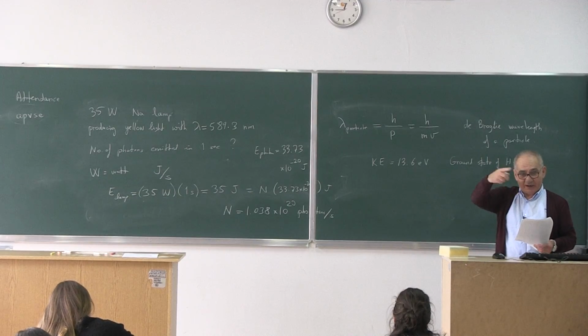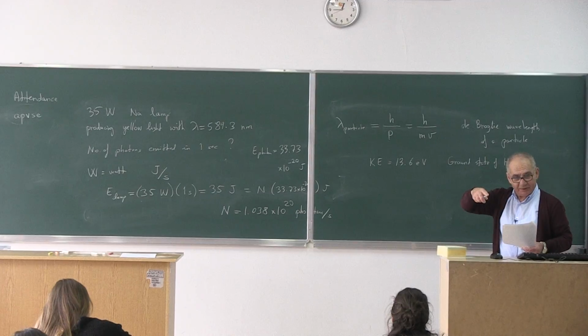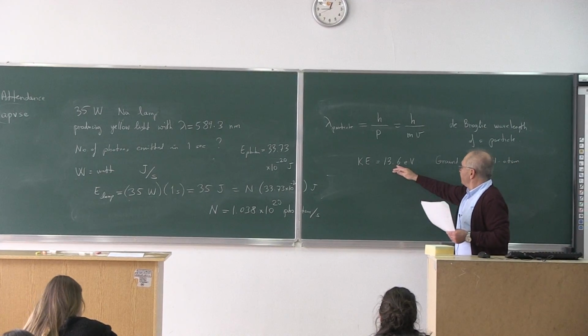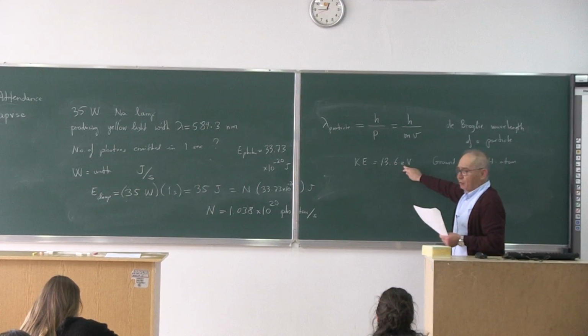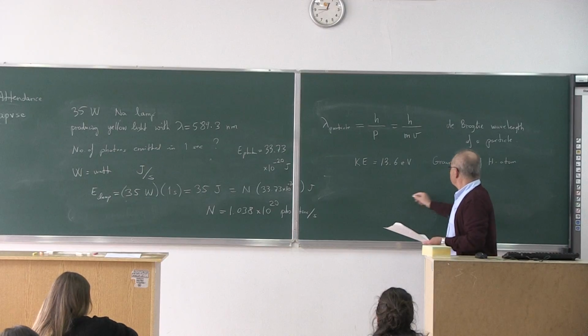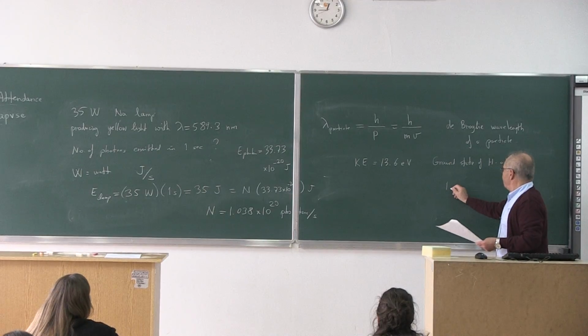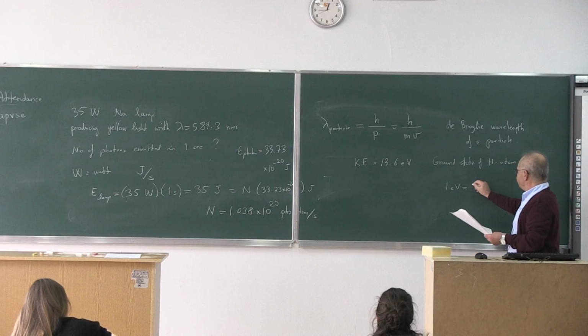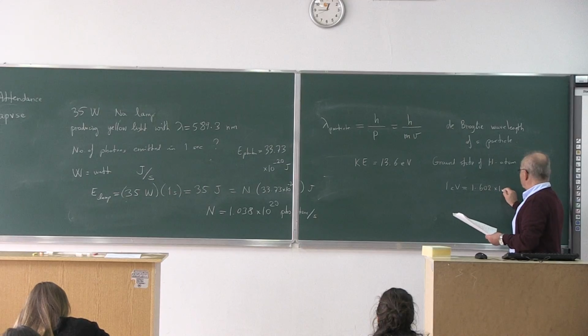Hydrogen has just one electron, as you know. So the average kinetic energy is this much. Electron volt unit, let us write here. 1 electron volt is 1.602 times 10 to the minus 19 joule.